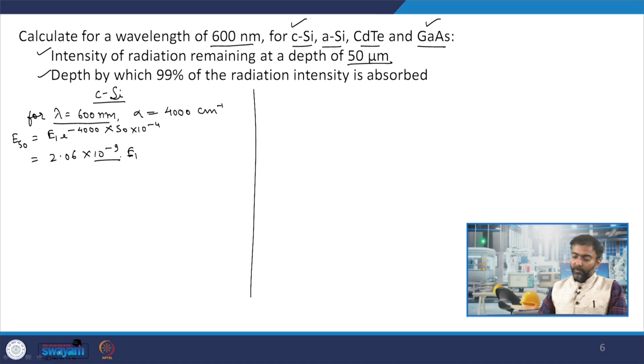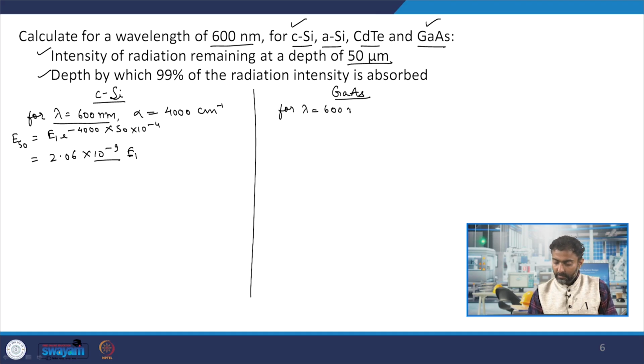On the other hand, let's do simultaneously the calculation for gallium arsenide. Here we have seen that for lambda equal to 600 nanometers, alpha is 47,000 per centimeter.